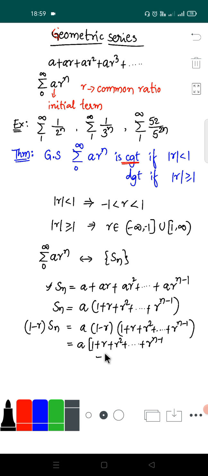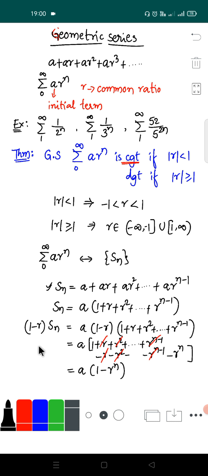Minus r into 1 is minus r, minus r into r is minus r square, and so on, minus r multiplied with r to the power of n minus 1 gives minus r to the power of n. So these terms cancel out and become 0, and what we are left with is a into 1 minus r to the power of n.